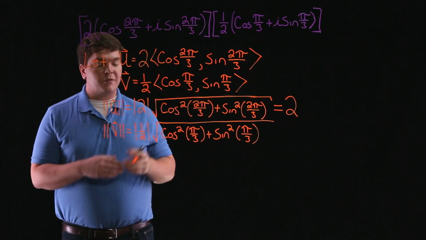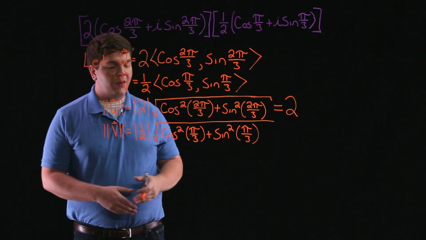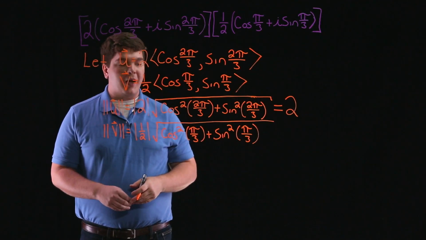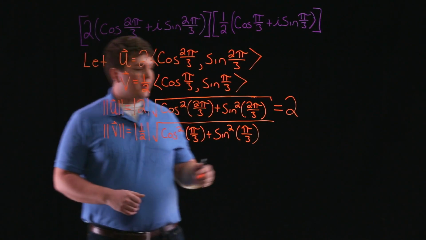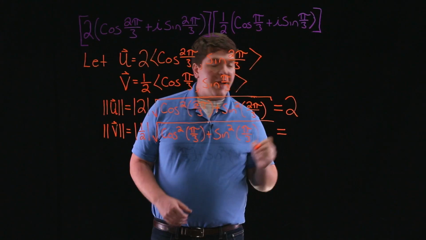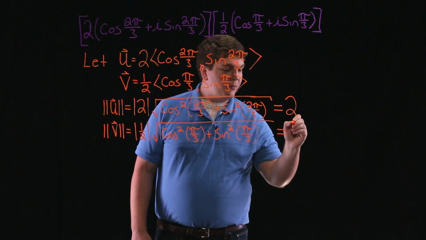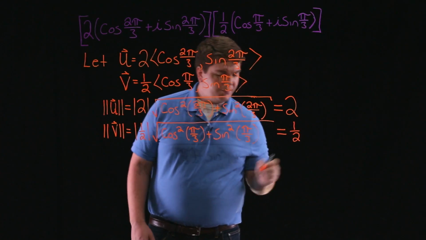And again, the absolute value of 1/2 is 1/2. And we know that cosine squared of pi over 3 plus sine squared of pi over 3 is equal to 1 from the Pythagorean identities. So the magnitude of v is equal to 1/2.